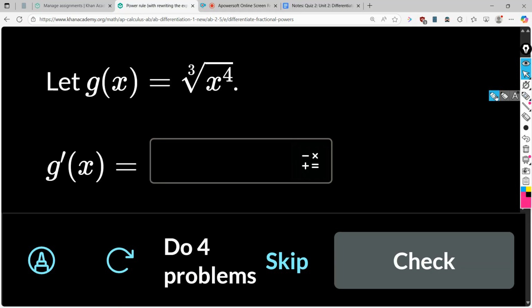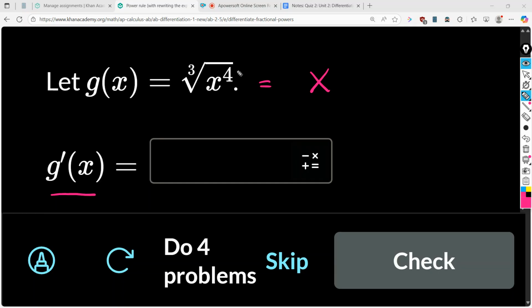All right, so here we have the third root of x to the fourth. They want us to find g prime of x. Easiest way to do this is to convert it to x with a fractional exponent. All right, so we have our base variable x.